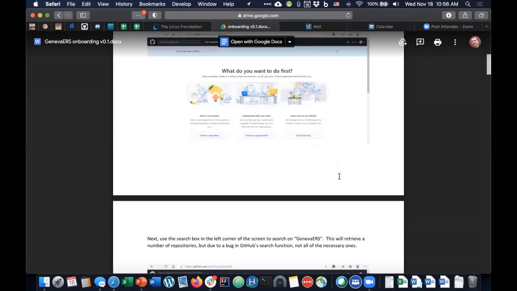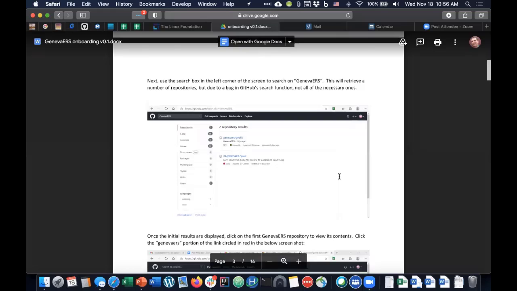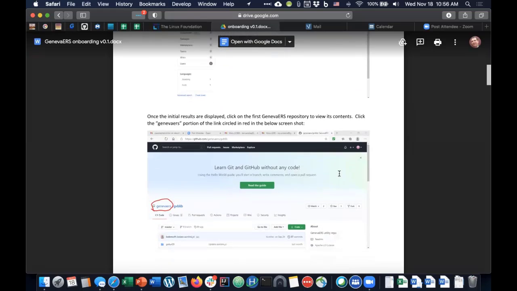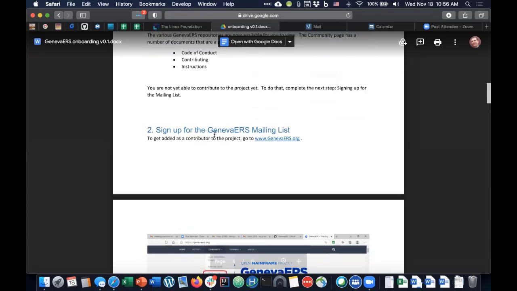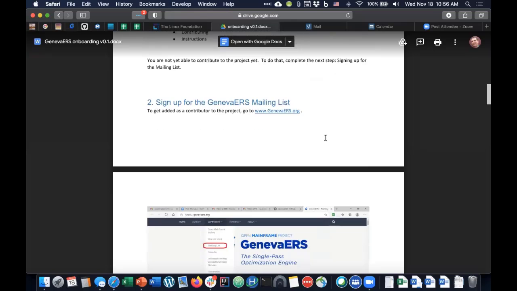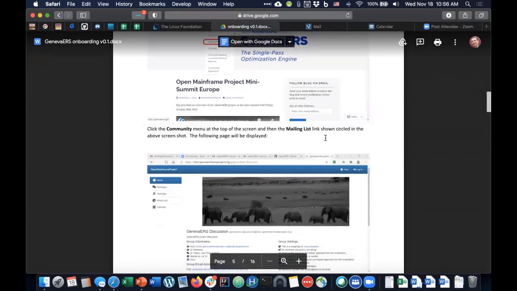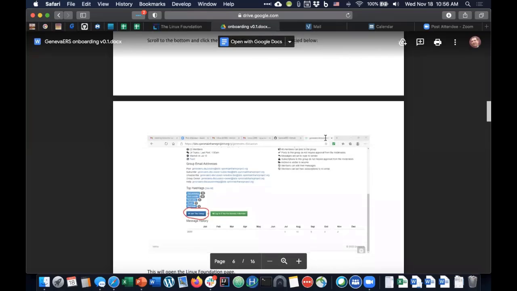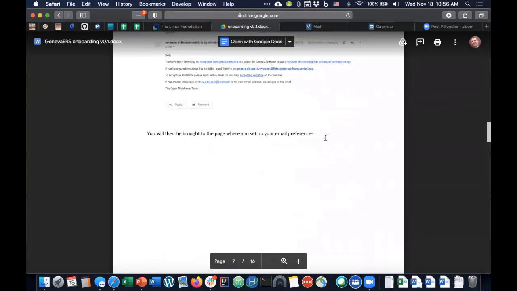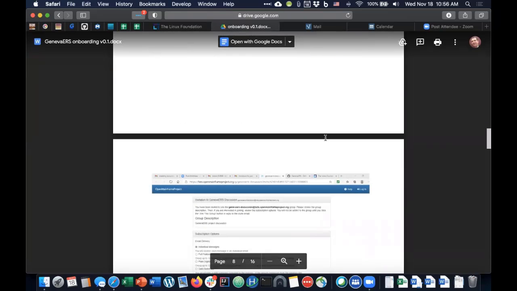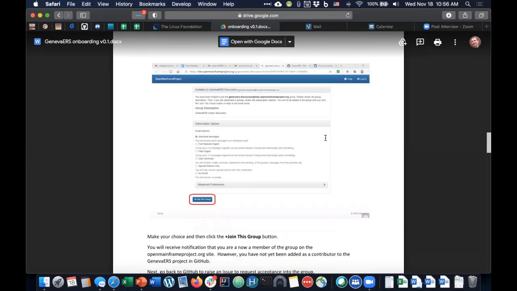You can use this for any project, but we'd love to have you at GenevaERS. It goes step by step how to get involved with GitHub, how to get on the Slack channels, how to get into the Linux Foundation, how to get on the mailing list. You go through this whole thing, and you're ready to contribute. It's that simple. And we need programmers. We need people that are good at documentation, people that are good at websites. We have all sorts of things that people can get involved with.